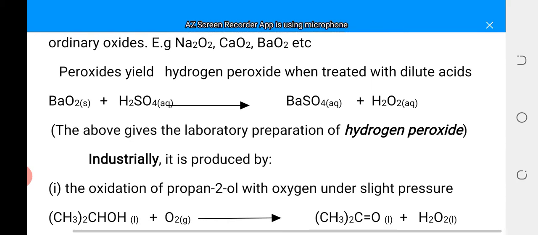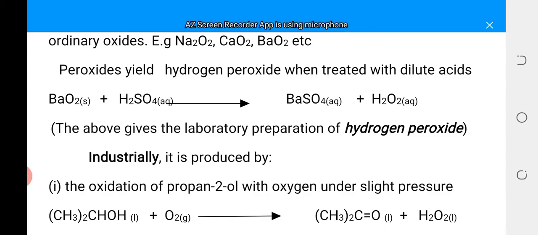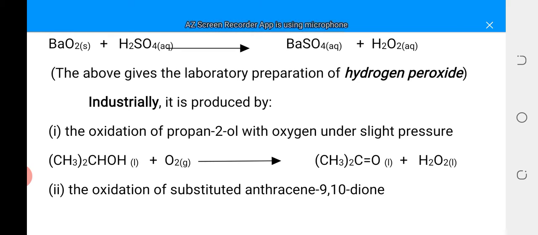You now want to prepare hydrogen peroxide, the peroxide of hydrogen, in the industry. How do you go about that? It can be produced industrially by the oxidation of propan-2-ol, an alkanol, with oxygen under slight pressure, as you can see in this equation under Roman figure 1 here.